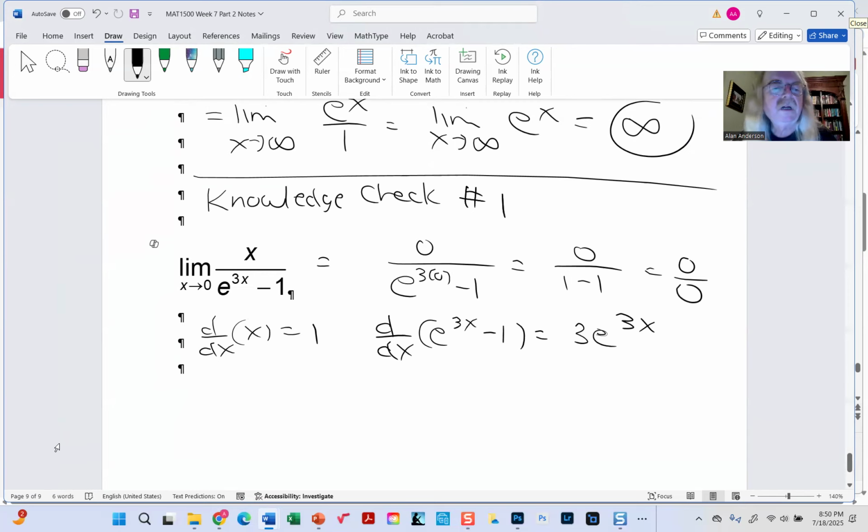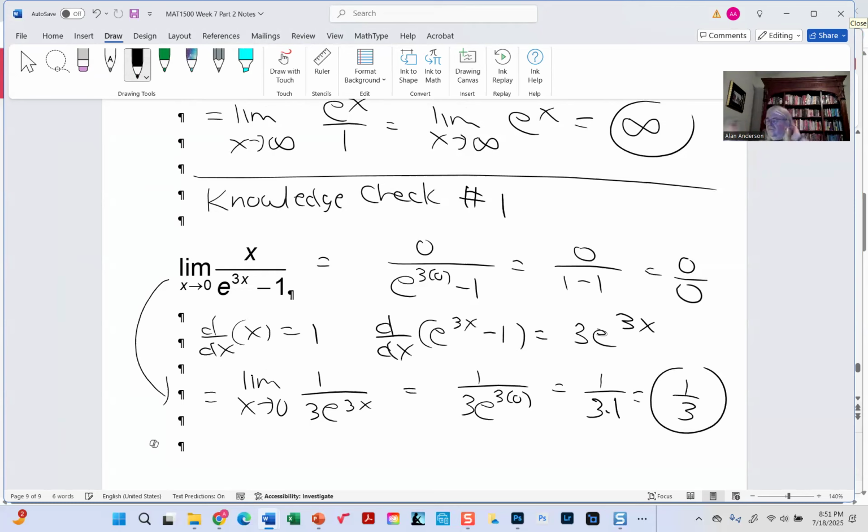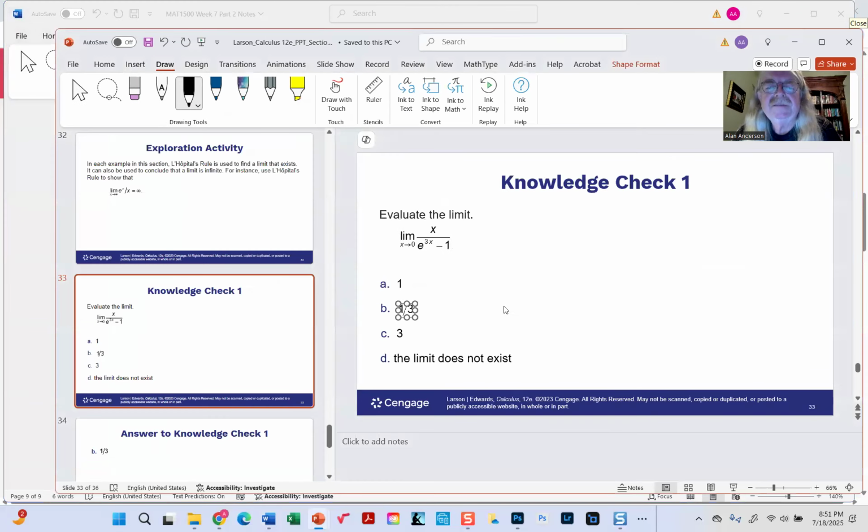So we're going to wind up with the limit of one over 3e to the 3x as x goes to 0. Now, e to the 0 is just 1, so we end up with 1/3. All right, that would be b.